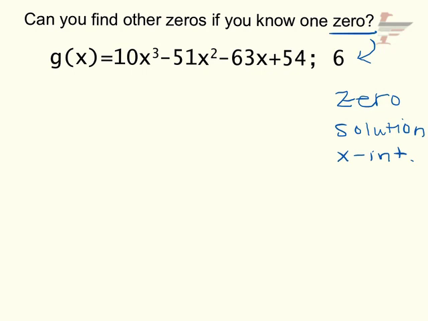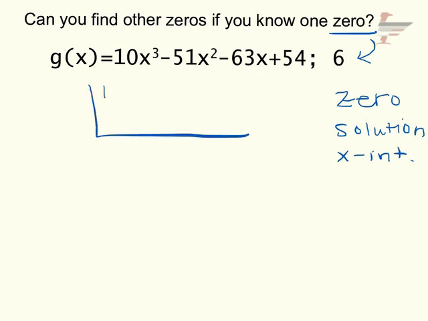So if I know a 0, I know that x minus 6 would be a factor. Not that I need that, but just reminding you of the connection between a solution and a factor. If I know one of the solutions, and I've got a cubic, anytime you're given a solution or a factor, you can use that synthetically to get down 1 degree. So if I'm at a cubic and I divide by this 6, I'm going to get down to a quadratic, and you know how to deal with quadratics.